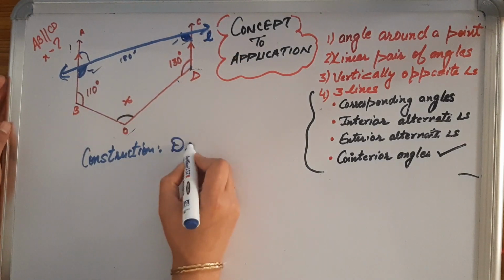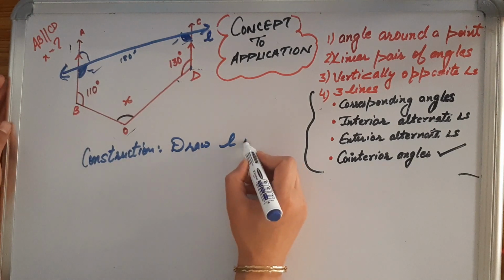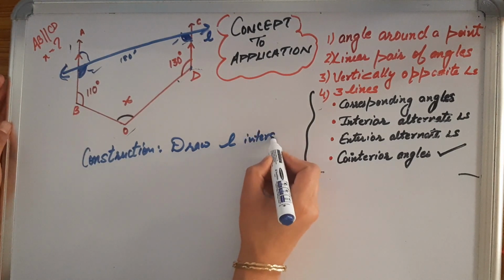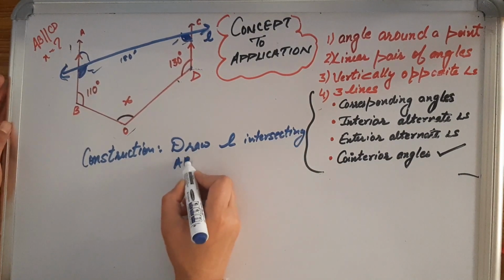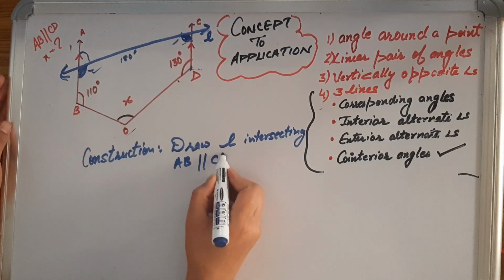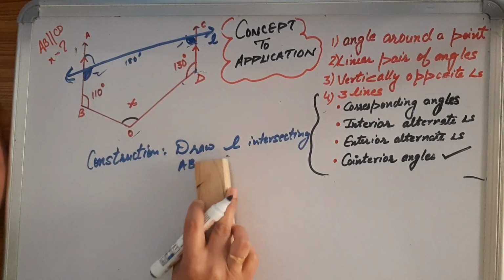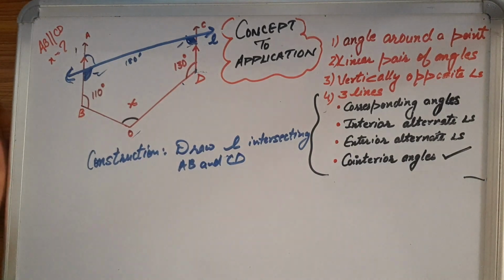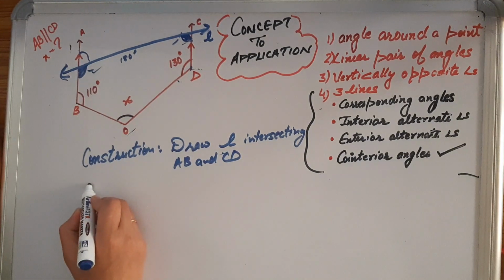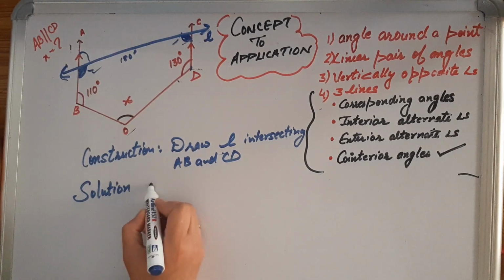You will say draw L intersecting AB and CD. No need to write AB parallel to CD, you can write AB and CD. Then you can start writing your proof or solution.